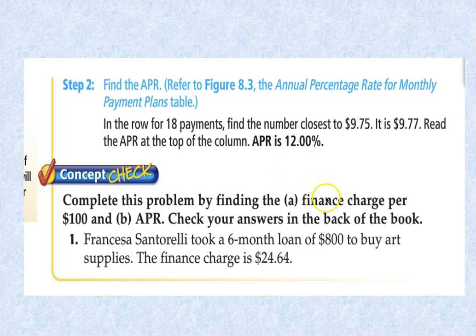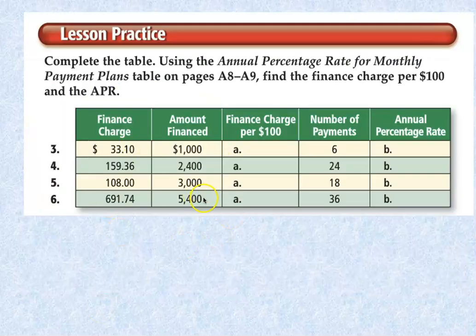Okay, so the next part that you will do on your notes is this chart. Here's your finance charge, here's the amount financed, here is your finance charge per $100, number of payments, and annual percentage rate. The first thing you're going to do is use that formula.